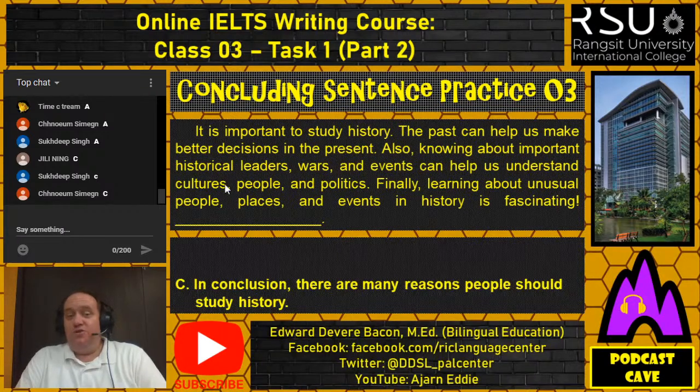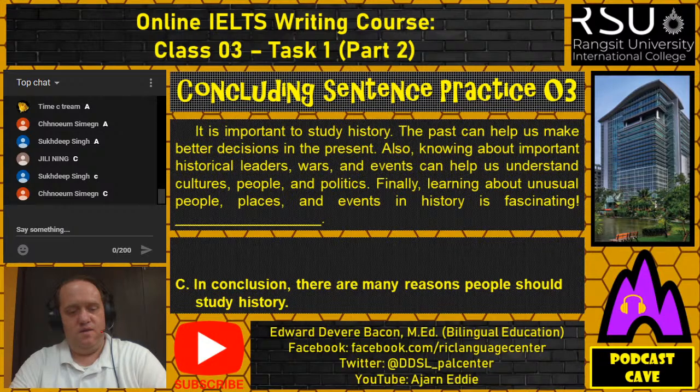And then an easy way to write a concluding sentence is to say, and these are the reasons why I think it is vital to know about history. So you see how I didn't use the word important, but I used vital. You want to try to use a synonym for some of the important words in the topic sentence. So again, you can use this phrase: and these are the reasons why blah, blah, blah.